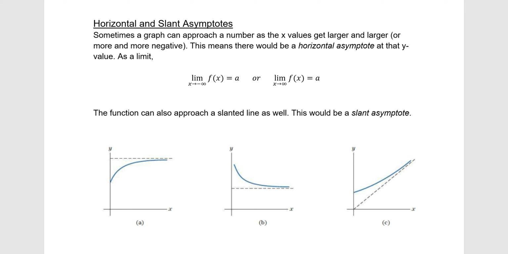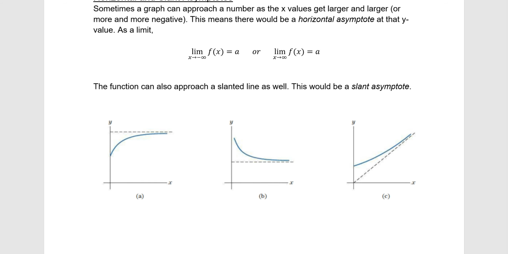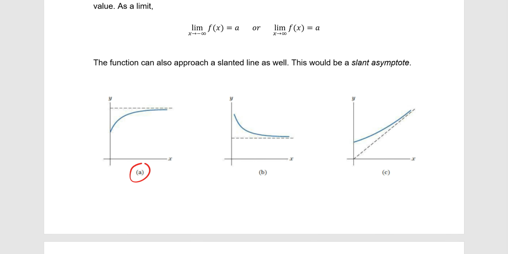So what this means in terms of limits is the limit of f of x as x approaches negative infinity or positive infinity is going to approach a y value a. Graphically speaking, it looks a little bit more obvious. We have these dashed lines for a and b. Those are horizontal asymptotes. You can see as x approaches positive infinity, the function is approaching whatever y value that is.